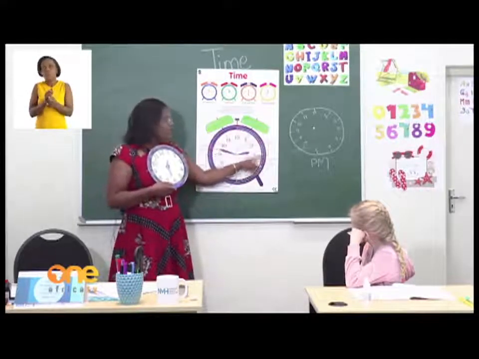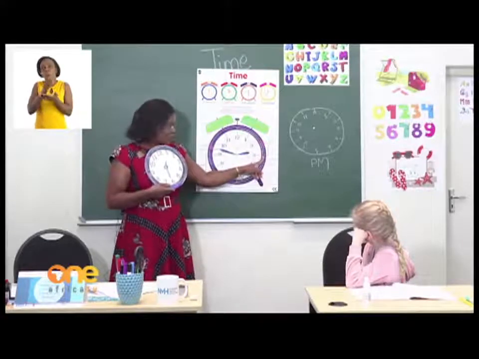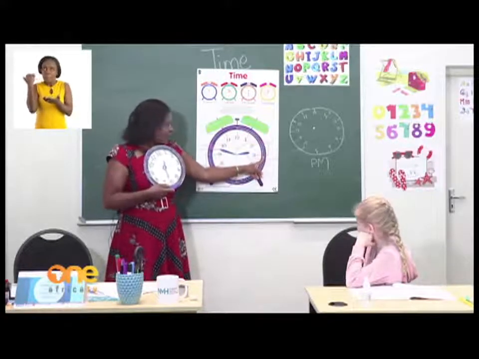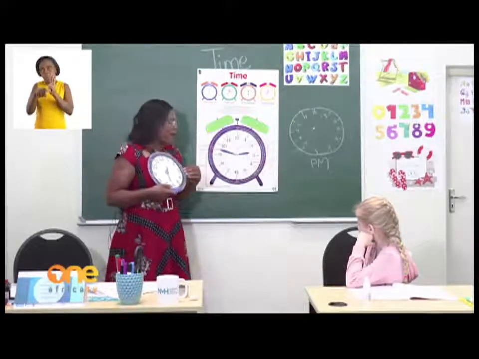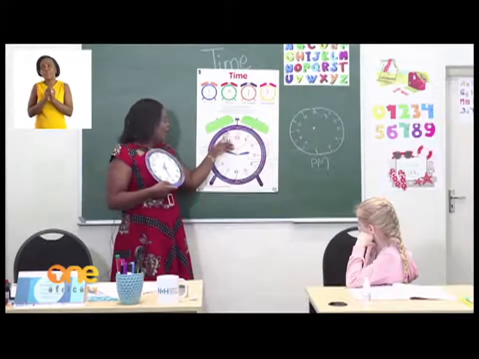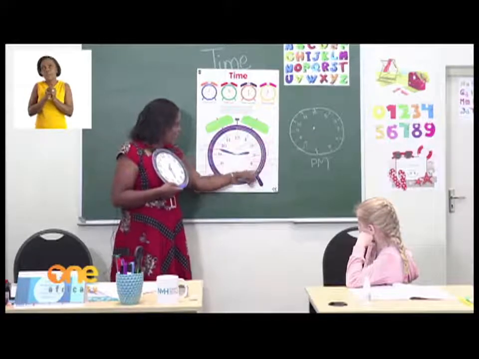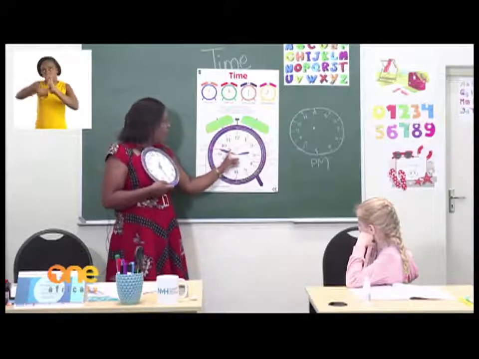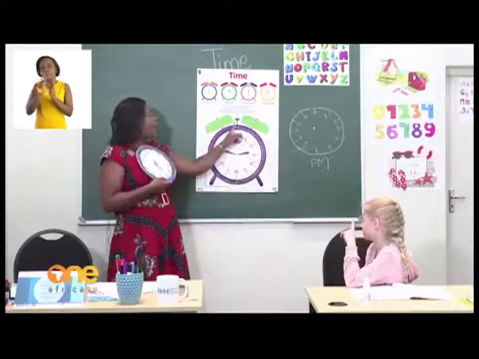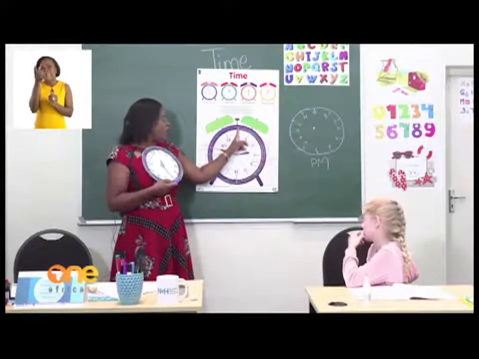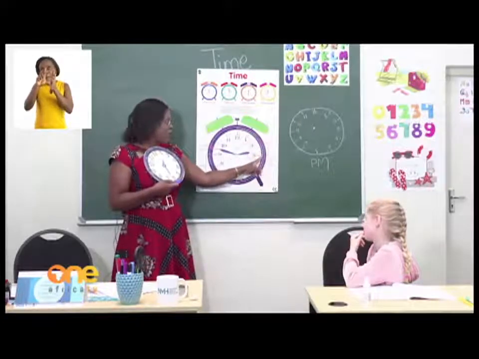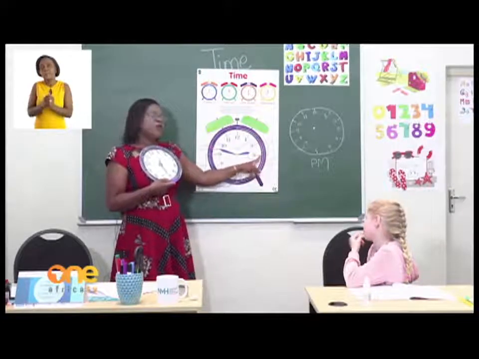Quarter past means 15 minutes past. All right, we say 15 minutes because remember what I told you. When we complete the circle, the minutes will be counting and up to there, it would have counted 60 minutes. So if it has counted only from 12 up to this 3 here, it has counted 15.